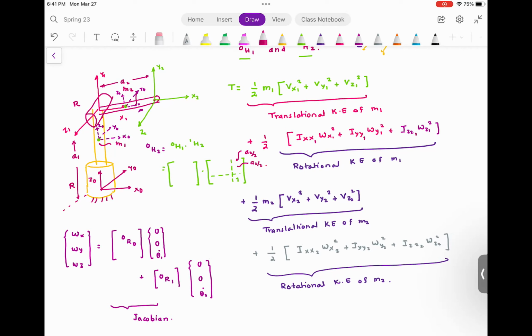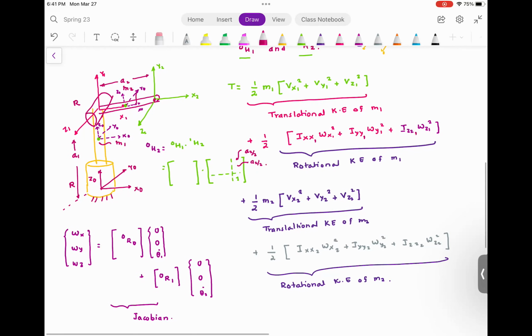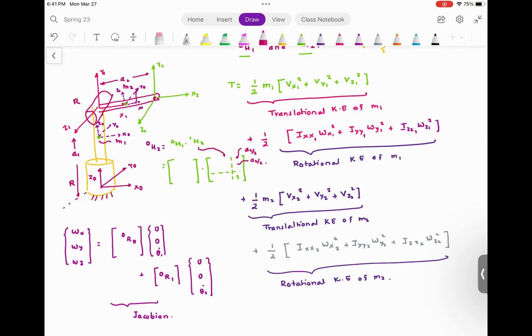Because we are not finding the distance all the way to the second frame, but the distance to the center of the mass. Please understand, the mass is not located where frame 2 is. Mass is located halfway in between frame 1 and frame 2.